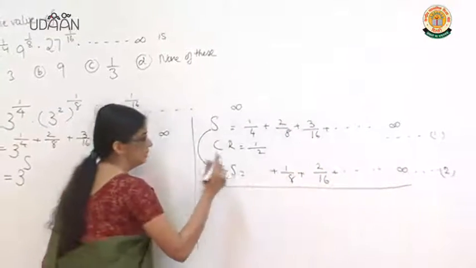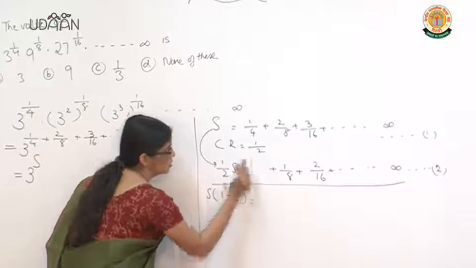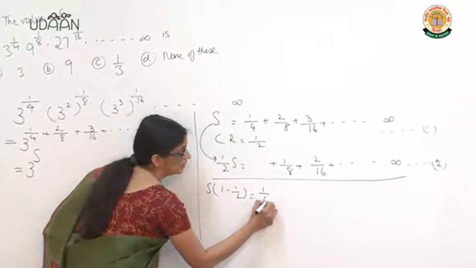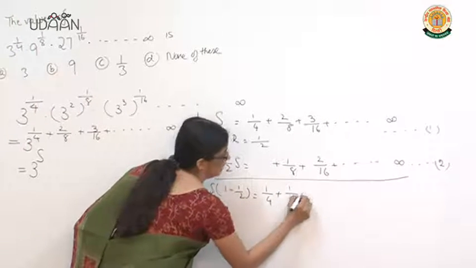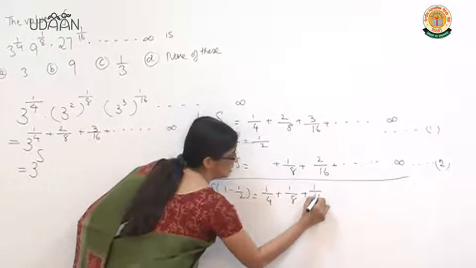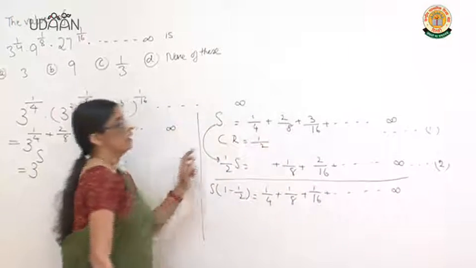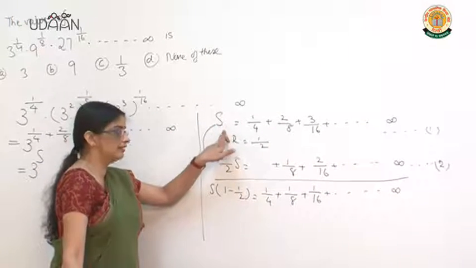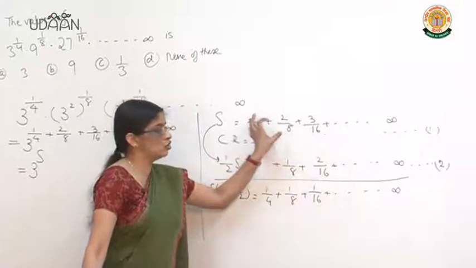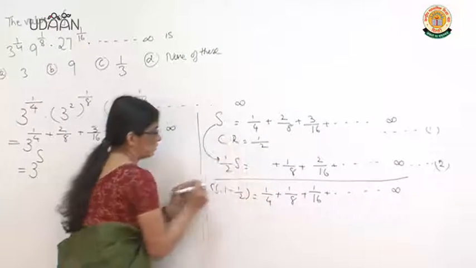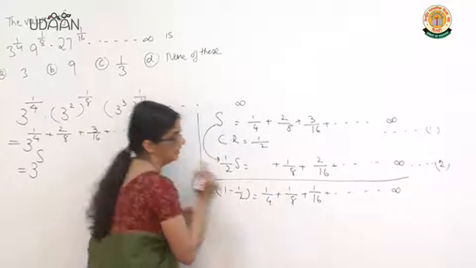Subtracting 2 from 1, S into 1 minus 1/2 equals 1/4 as it is, plus 2/8 minus 1/8, that is 1/8, plus 1/16 plus etc. up to infinity. Look here, S is an infinite AGP, arithmetic-geometric series. After the calculation, we got the sum to infinity of a geometric series.